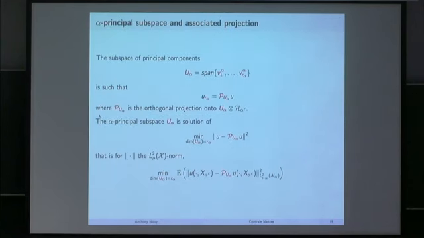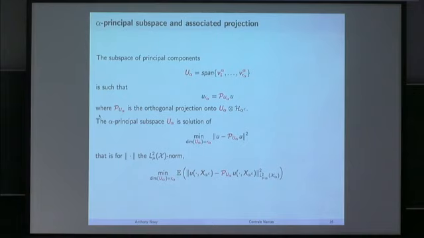Well, here a different view of this problem is that if you define the space U alpha as the linear span of these principal components on the left, then the best approximation is obtained by the orthogonal projection of U on the tensor product space of this alpha principal subspace and the space H alpha complementary.